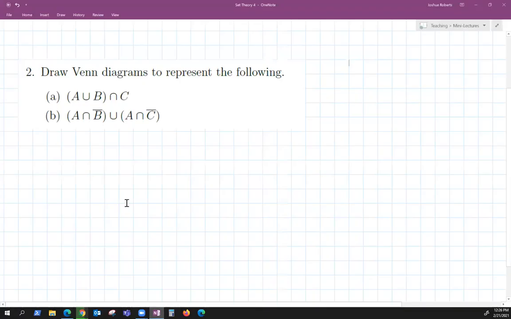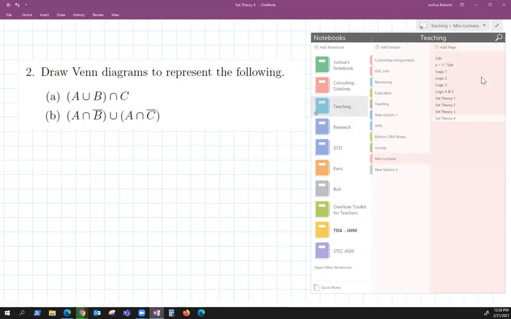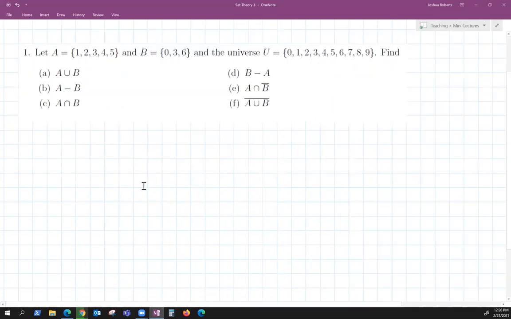Practice problems, rather. So let me pick this one first. Here I have two sets and a universal set given in roster notation.